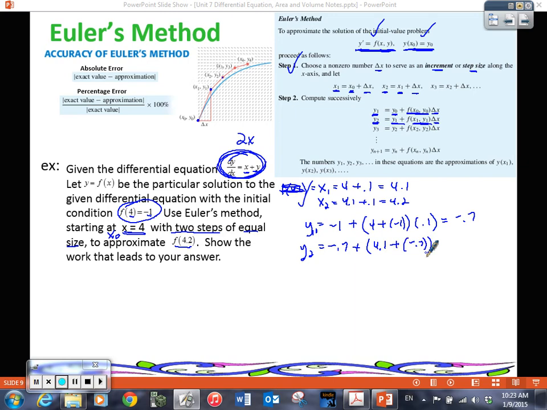So I add those together, and I multiply it by the increment. And of course, this is in your calculator, and I get -0.36. So my f of 4.2 is -0.36, and that's my approximation. So that's my approximation technique.